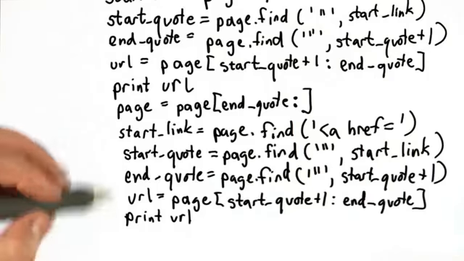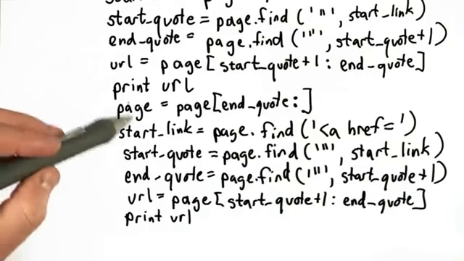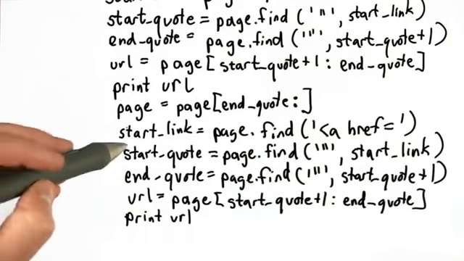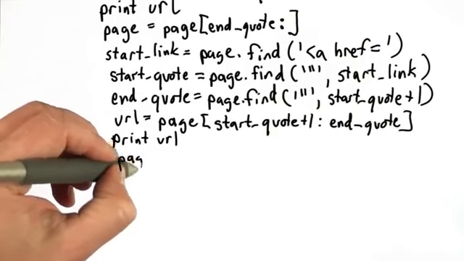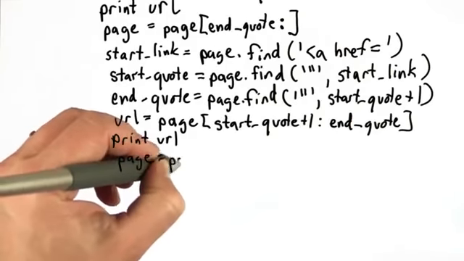So now we've got code that's going to print out the first URL, keep going, updating the variable page, and then doing the exact same thing, printing out the second URL. If we wanted to print out the first three, well, we could do it again.